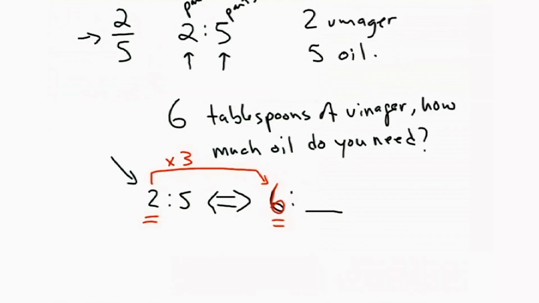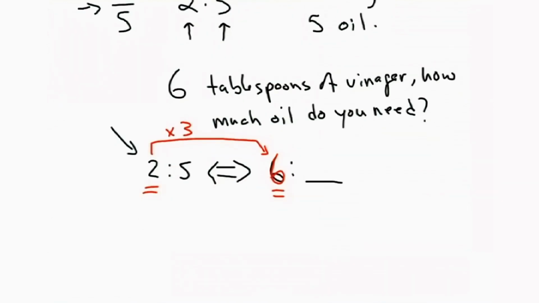So if we have to multiply 2 by 3 to get 6, then in order to see what this value is, we're going to have to multiply the 5 by 3 as well. And 3 times 5 is 15. So if we're making salad dressing that requires 6 tablespoons of vinegar, then we will need 15 tablespoons of oil.